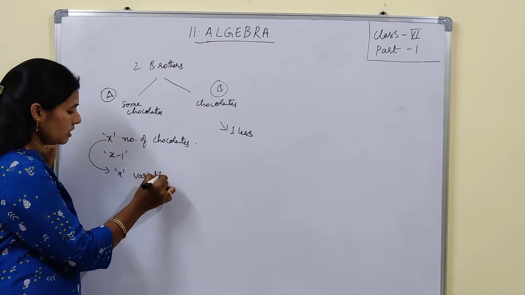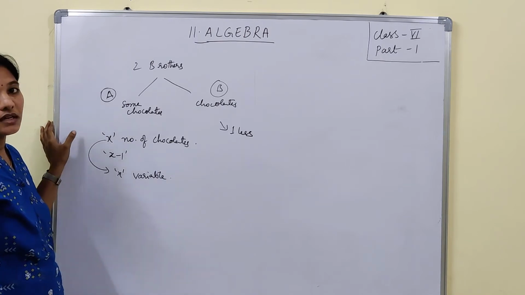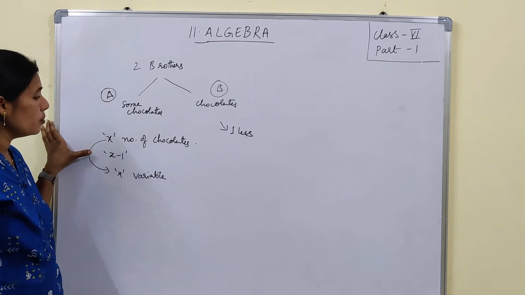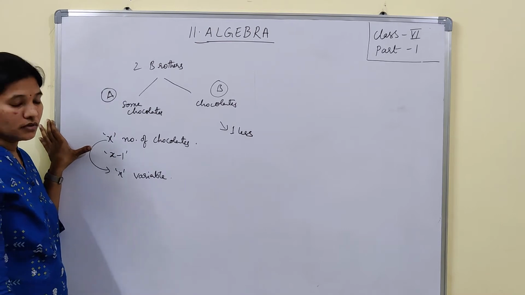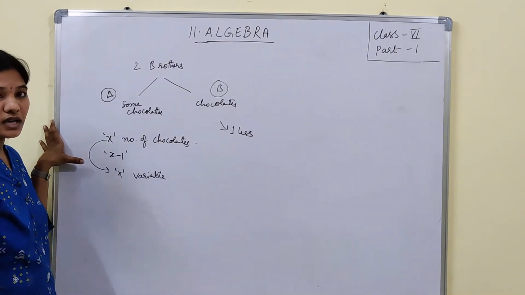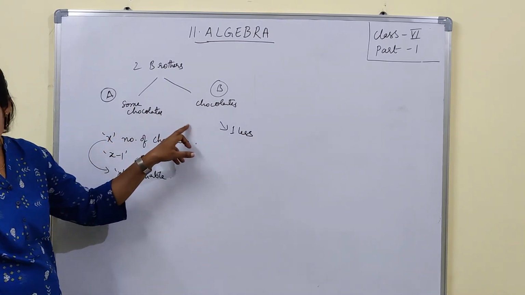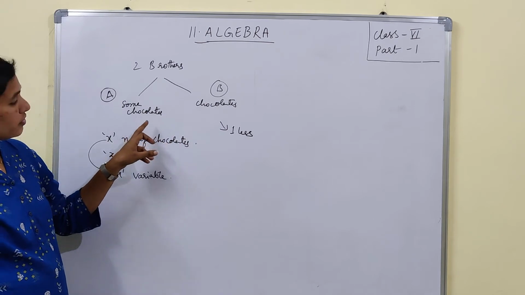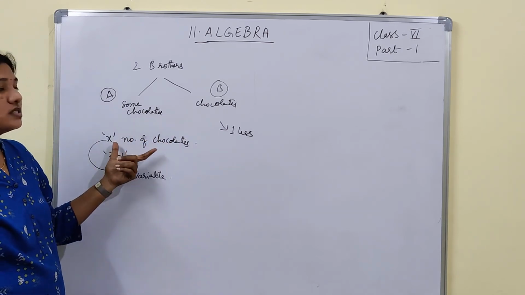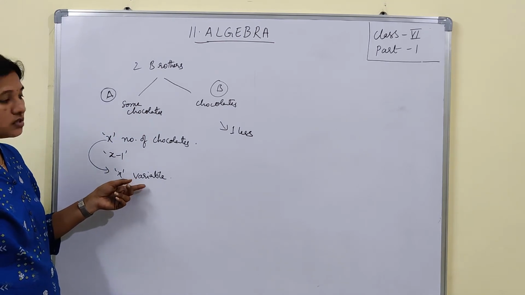We don't know the exact number, so we are assuming it with a variable. All we are doing is generalizing the relationship, and to generalize the relationship we make use of variables. Okay, so this is the concept.